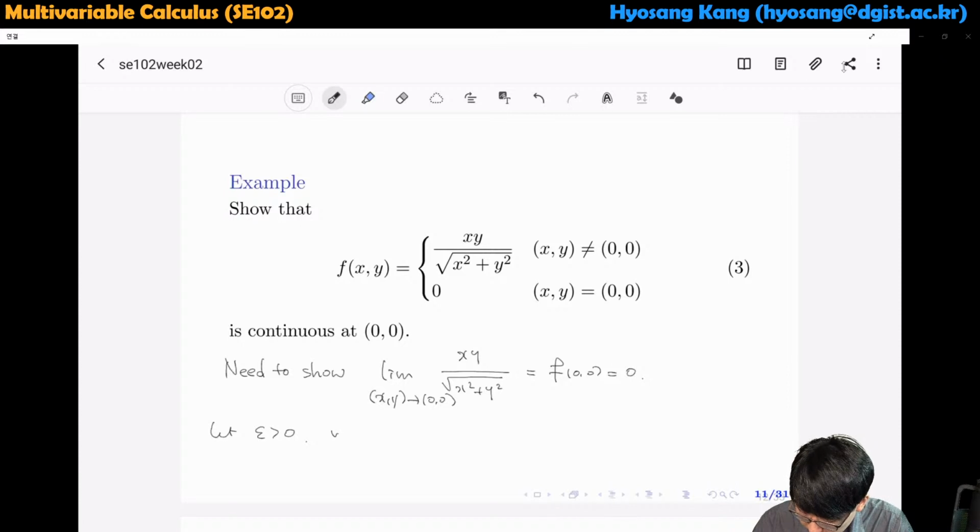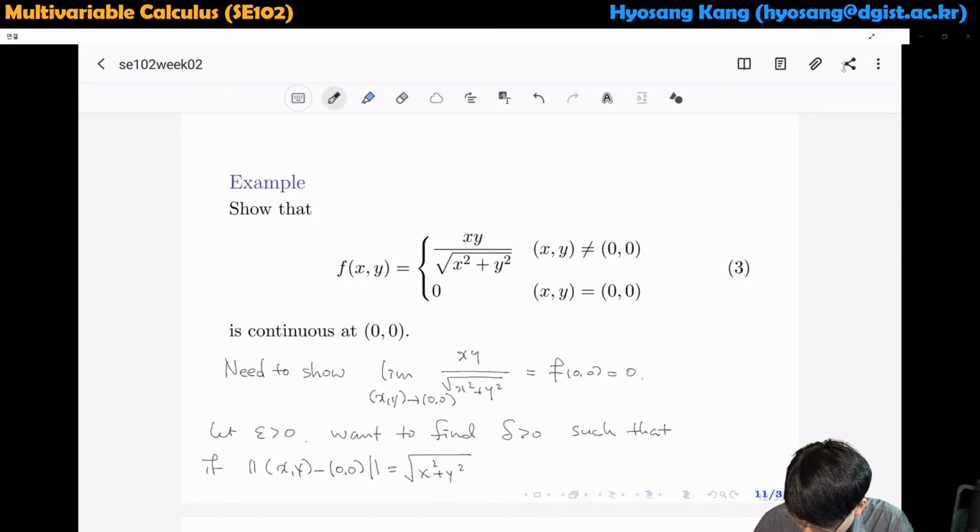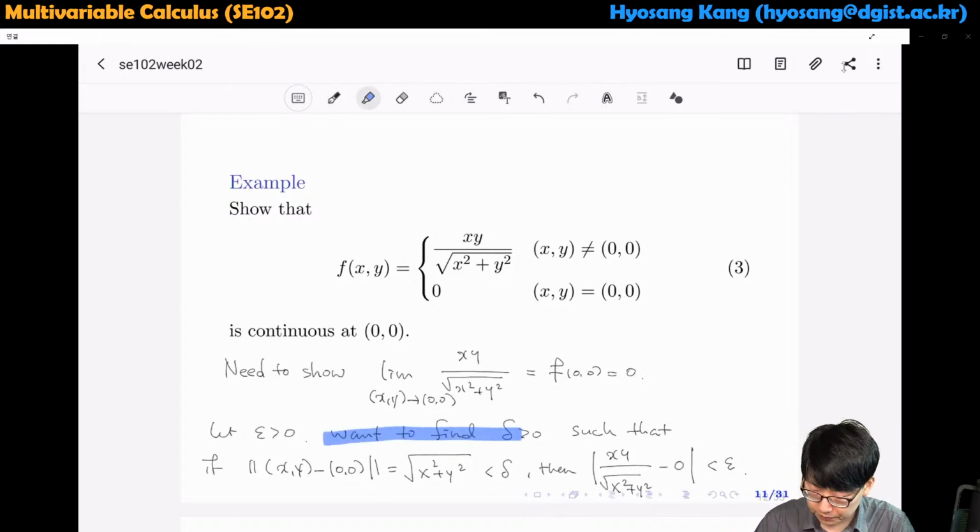We want to find delta such that if the length between (x,y) and (0,0), which is simply the square root of x squared plus y squared, is less than delta, then the value of the function, xy divided by the square root of x squared plus y squared, minus 0, is less than epsilon. So we want to find such a delta.